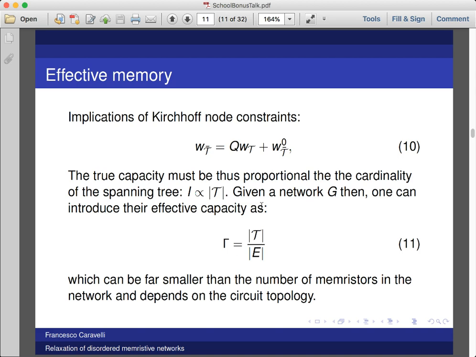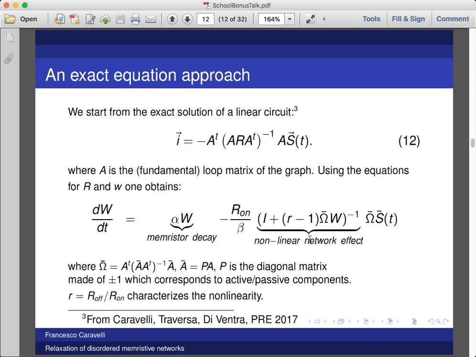And in general, you can introduce this effective capacity for the network, which is the cardinality of the spanning tree divided by the cardinality of the number of edges in the network. These ideas can be put in a formal way, and for a resistive network at equilibrium, there is always a solution which is given by equation 12.